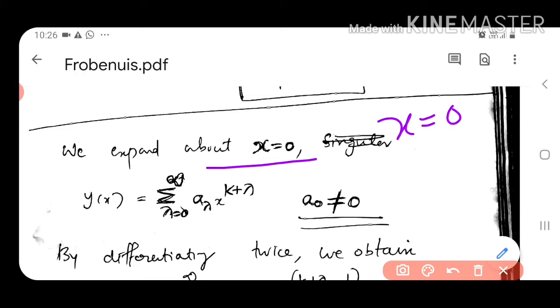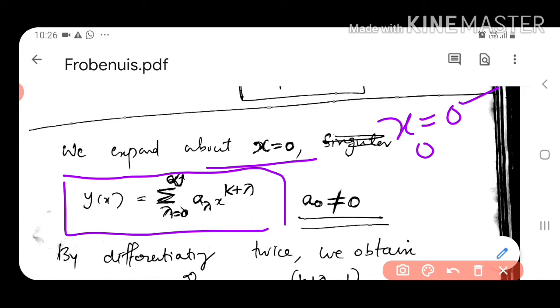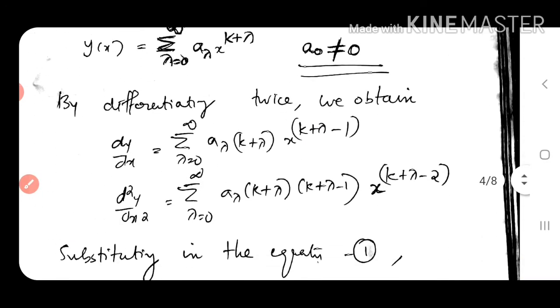This is not a singular point of the differential equation. So we use x0 equal to 0. So y of x will be this: sigma lambda equal to 0 to infinity a lambda x raised to k plus lambda, where a naught is not equal to 0.